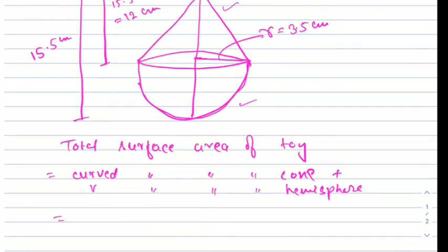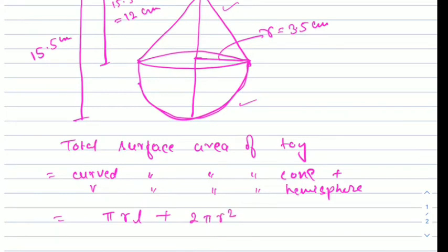And the curved surface area of a cone is equal to pi r l, plus the curved surface area of a hemisphere, which is equal to 2 pi r square.